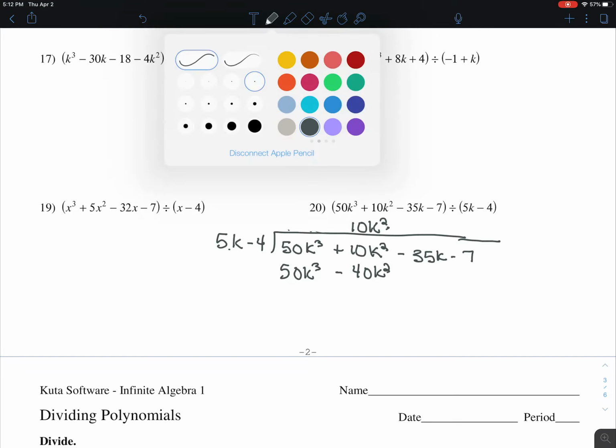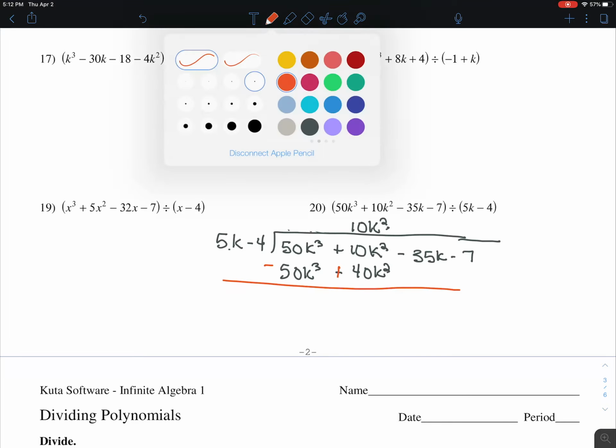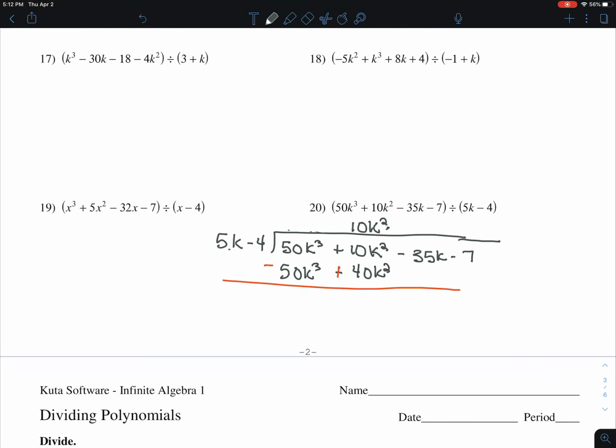We subtract by adding the inverse. We're going to get some pretty big numbers here. And so when we add the inverse, these zero out, and we get 50k squared minus 35k, because I brought that down. Okay, so I subtracted, and then I brought down the 35k.